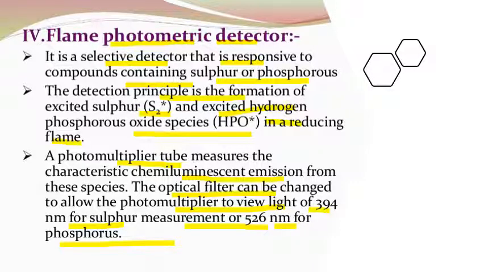So FPD is only used for sulfur and phosphorus containing compounds. That's why it is also called sulfur phosphorus detector. Understood? FPD is also called sulfur phosphorus detector. Its sensitivity is 10 to the power 5 times greater than for organic compounds.